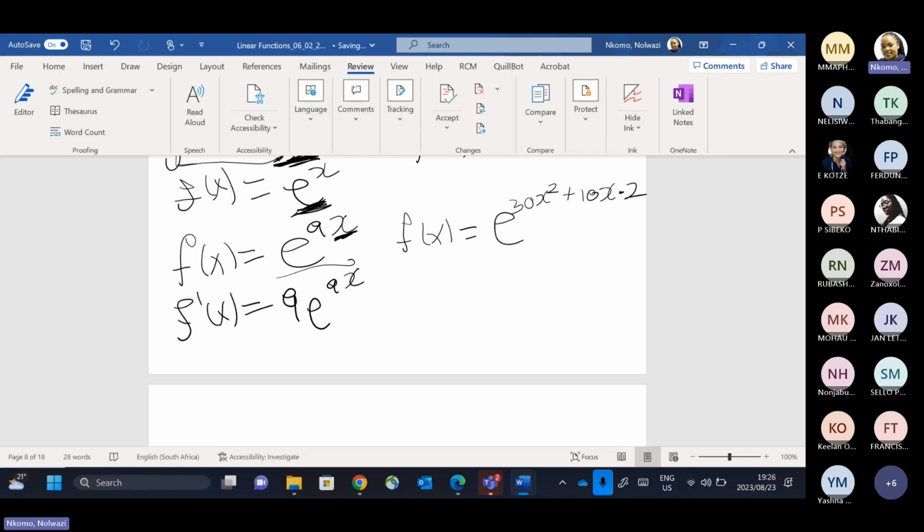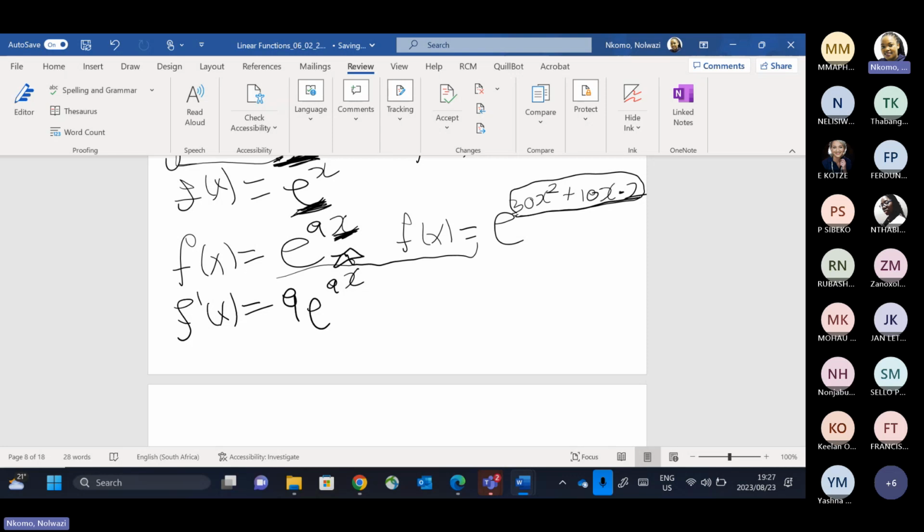You see, this function is in this form, but here where there is x, we are given another function instead of x. If you have something like this, you need to apply the chain rule. The chain rule would be the derivative of this function times the derivative of the original function.